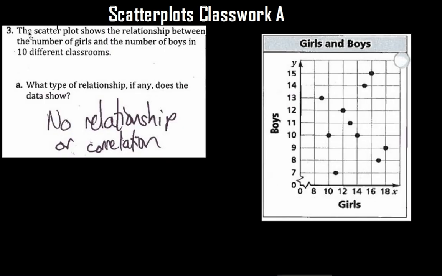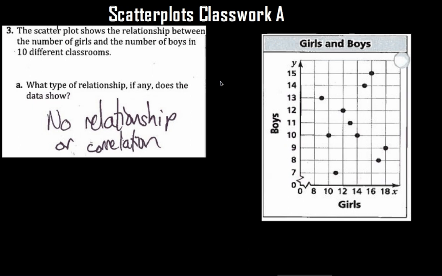Thirdly, it says the scatter plot shows the relationship between the number of girls and the number of boys in 10 different classrooms, and then it gives you the graph on the right. What type of relationship, if any, does the data show? A lot of people were asking questions about this one on the back.